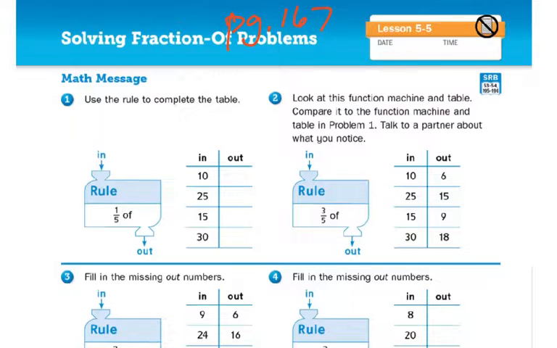We're going to use the rule to complete the table. So in number 1, we're going to take 1/5 of 10, 1/5 of 25, 1/5 of 15, and 1/5 of 30.